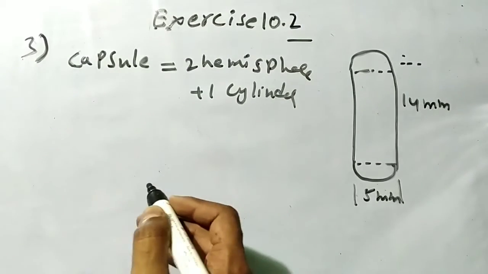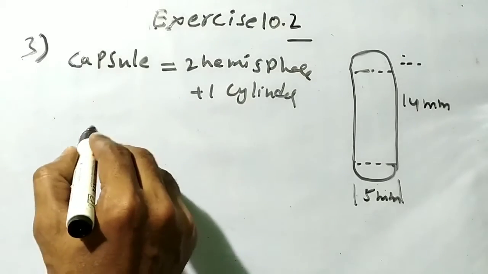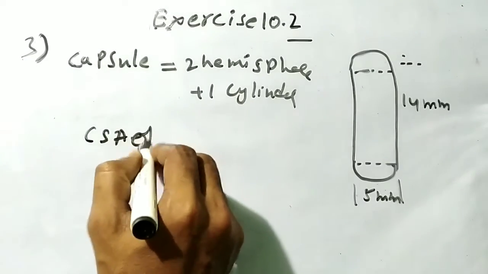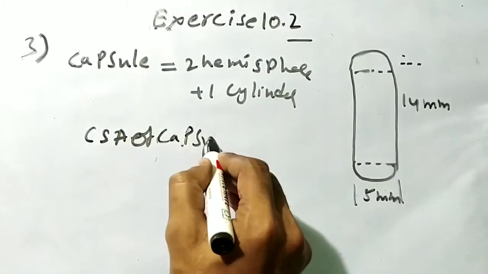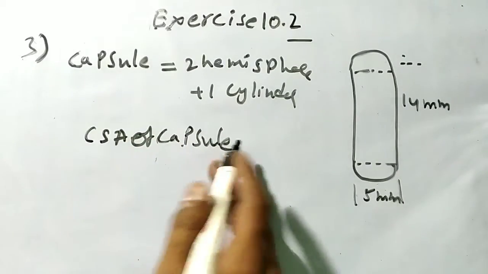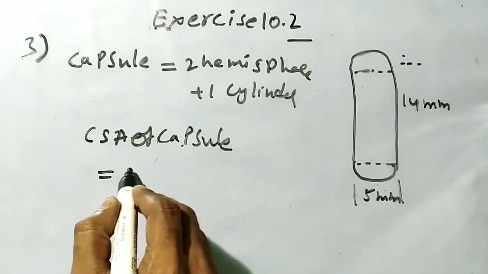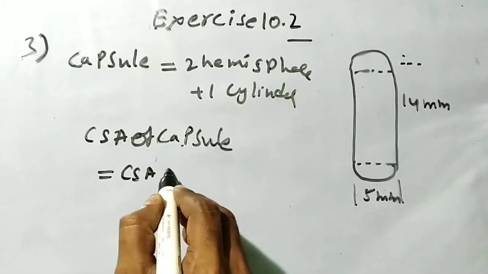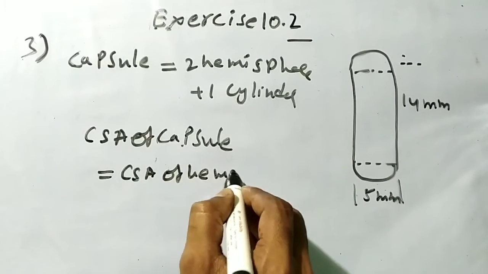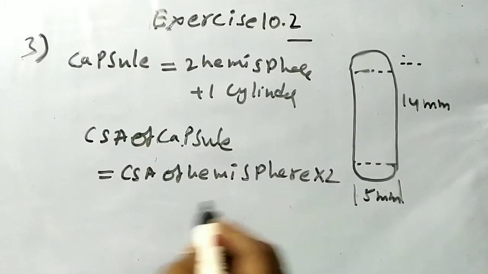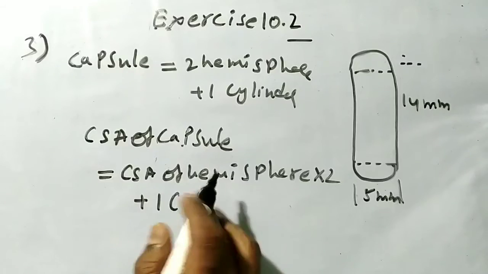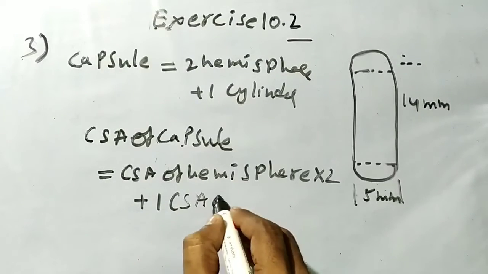So we have to find the CSA of the capsule. The CSA of the capsule is nothing but, since the capsule consists of 2 hemispheres, we have to find the CSA of a hemisphere into 2, plus the CSA of the cylinder.